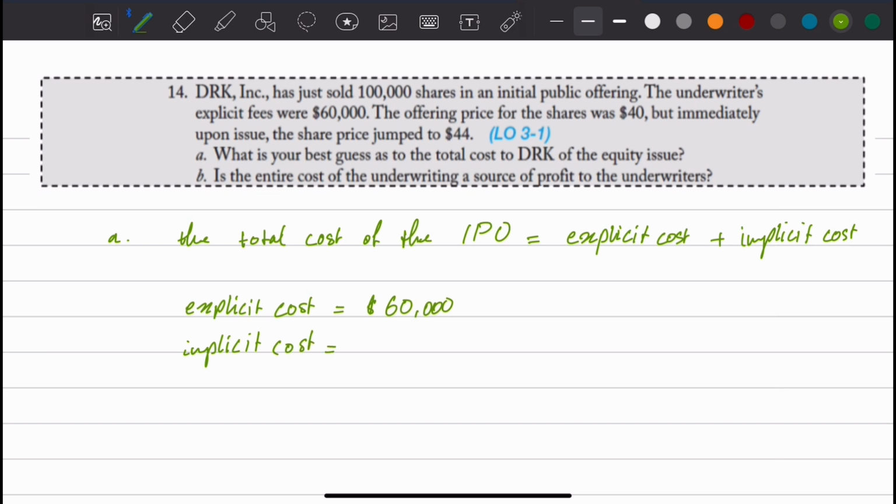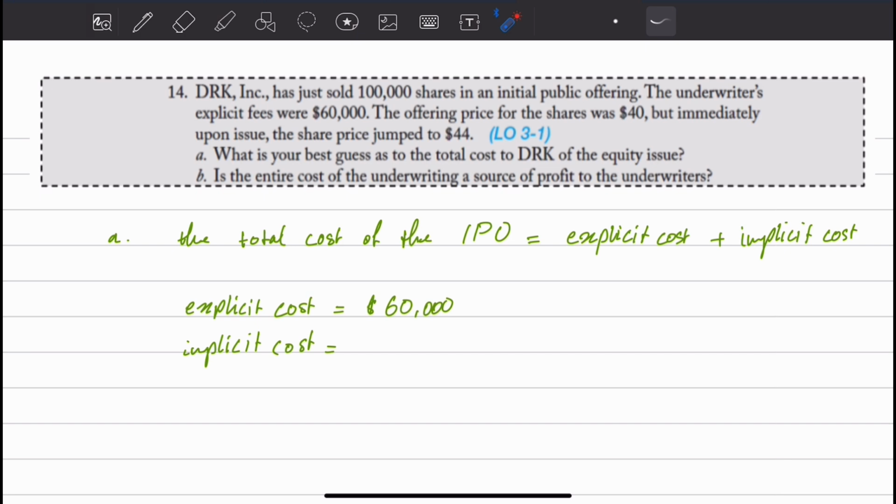Now, how can we figure out the implicit cost from the information given to us in the question? The offering price was $40 per share. However, immediately upon issue, the share price jumped to $44. What does that mean? That means if the underwriters and DRK had issued the IPO for $44 per share, it would probably have been covered completely.